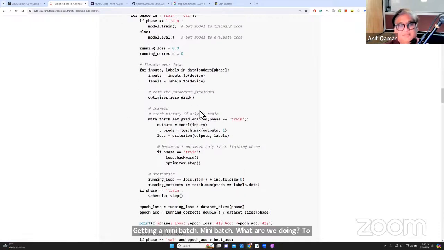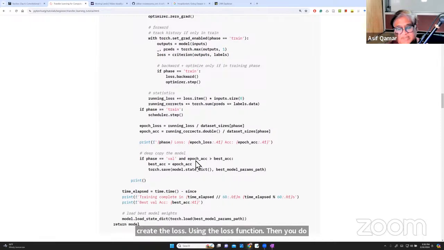Optimizer, this is just resetting it. What are we doing? The forward journey. Forward journey is what? Model, you give it the input, it produces the output. Outputs, from there you get the predictions. Then you can create the loss using the loss function. Then you do the backwards part, backwards training and so forth.